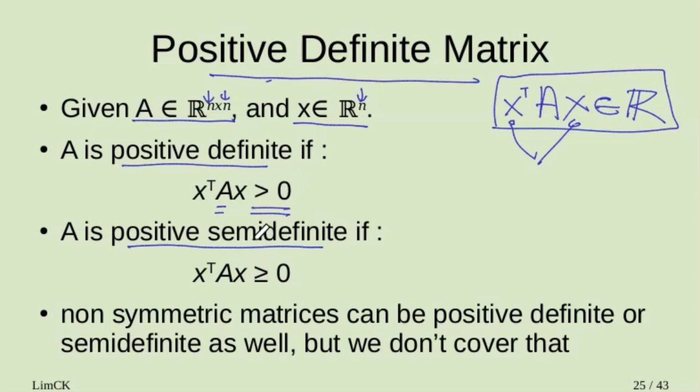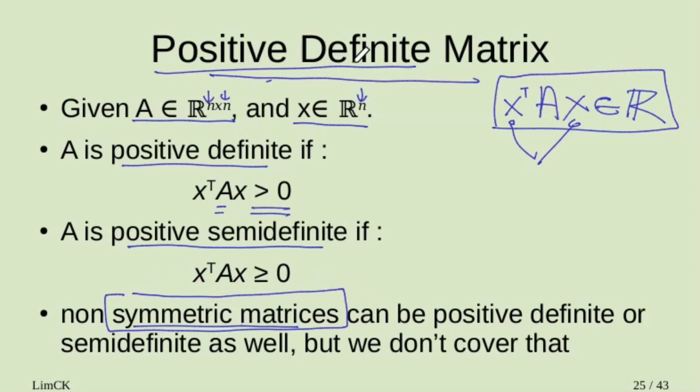The concept of positive definite matrix applies to both symmetric and non-symmetric matrices. Repeat, this concept applies to symmetric and non-symmetric matrices. But in this course we are only interested in the symmetric case, so we will focus our discussion on symmetric matrices only.